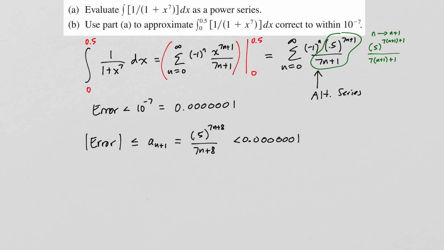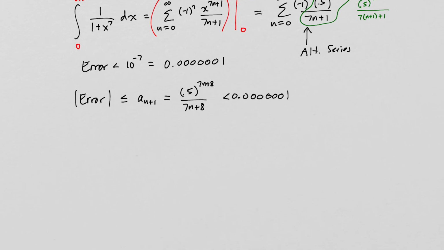So what we need to do now is just observe what is the smallest number n for which this is true. And I will just tell you here that if you let n equal 2, this a n plus 1 is going to be 0.5 to the 22 divided by 22, and this number is less than 0.000001.